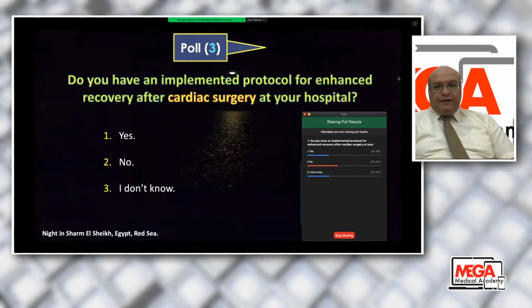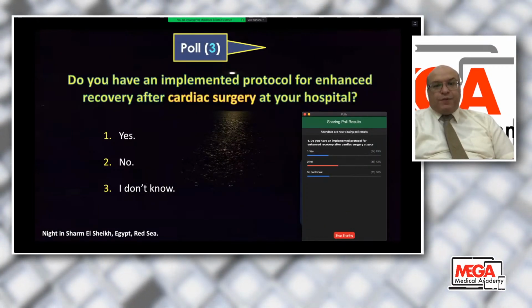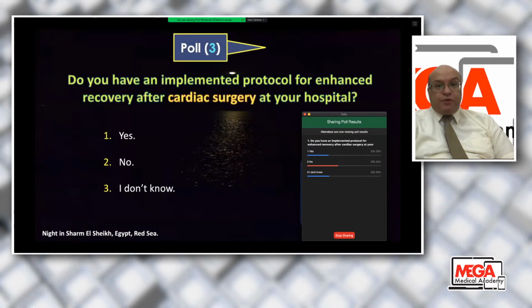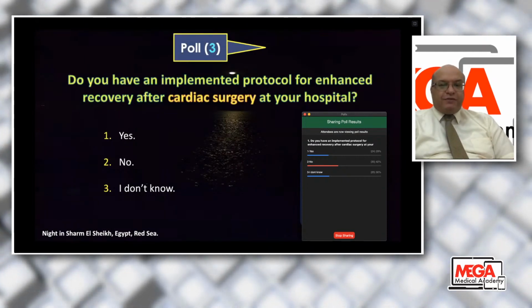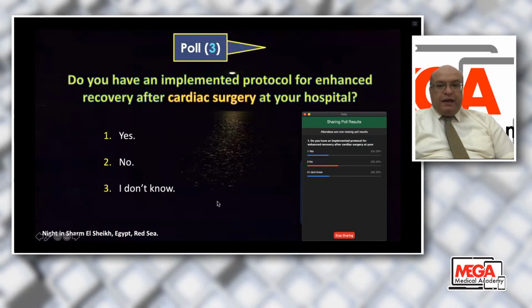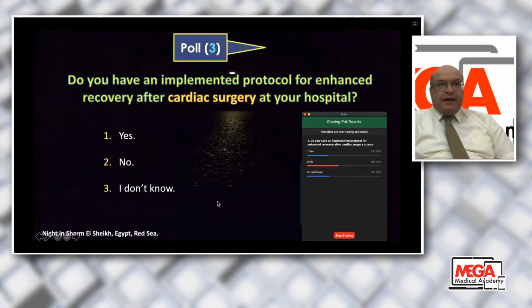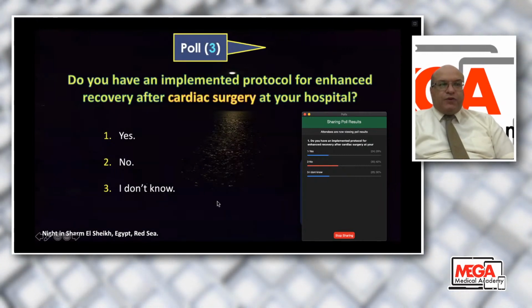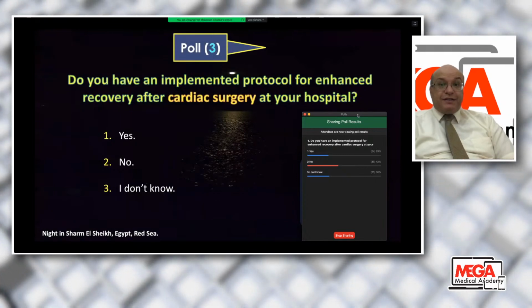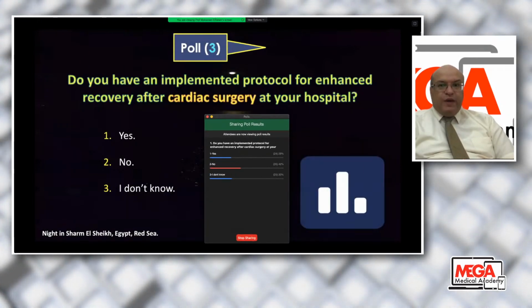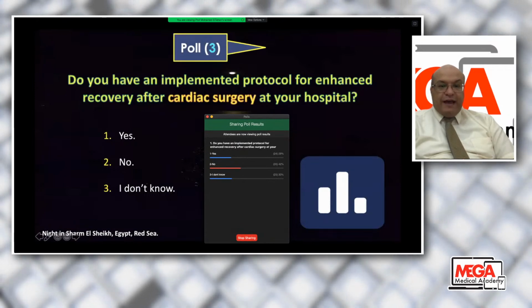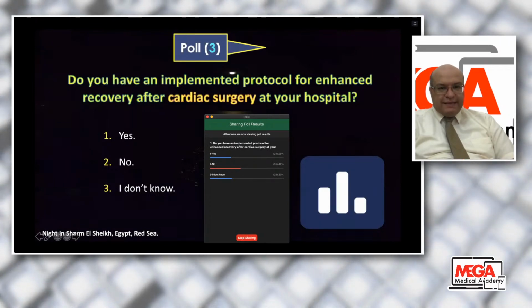That's also very interesting to find 1/3 of respondents have an implemented protocol for enhanced recovery after cardiac surgery. Because as I'll show you, these enhanced recovery protocols after cardiac surgery started just in 2017. So to have 1/3 of respondents with implemented protocols is a very interesting thing.